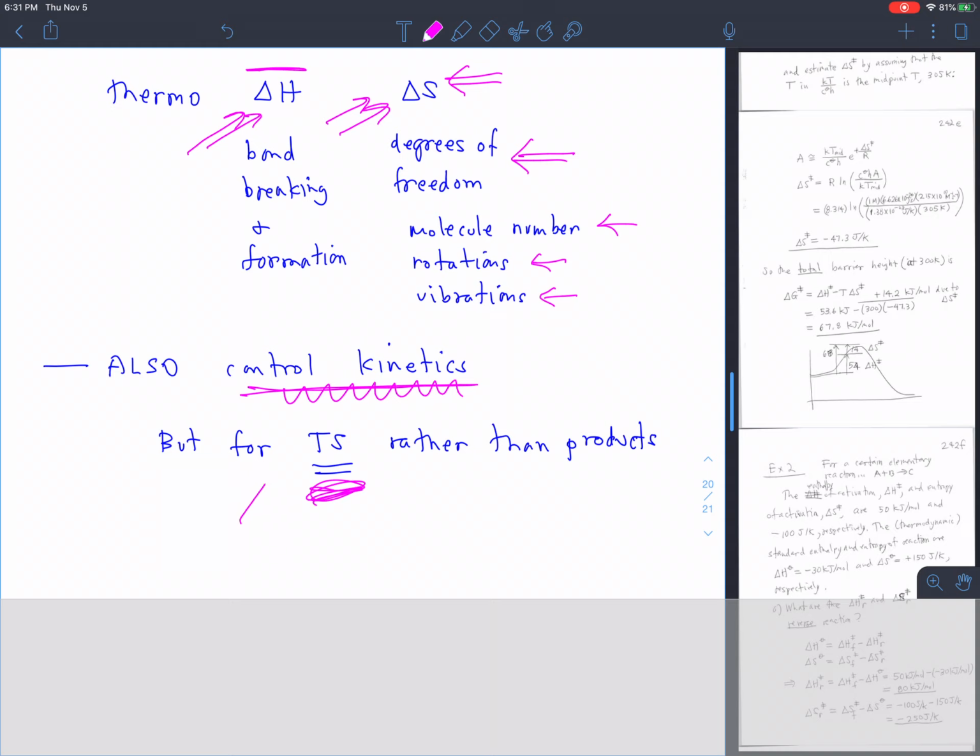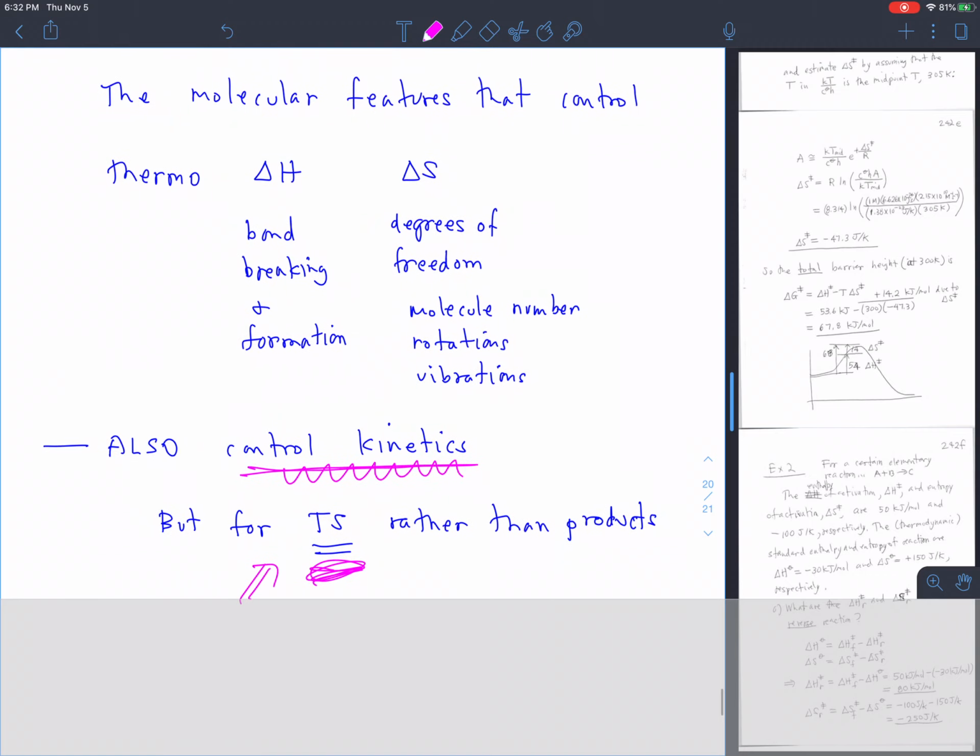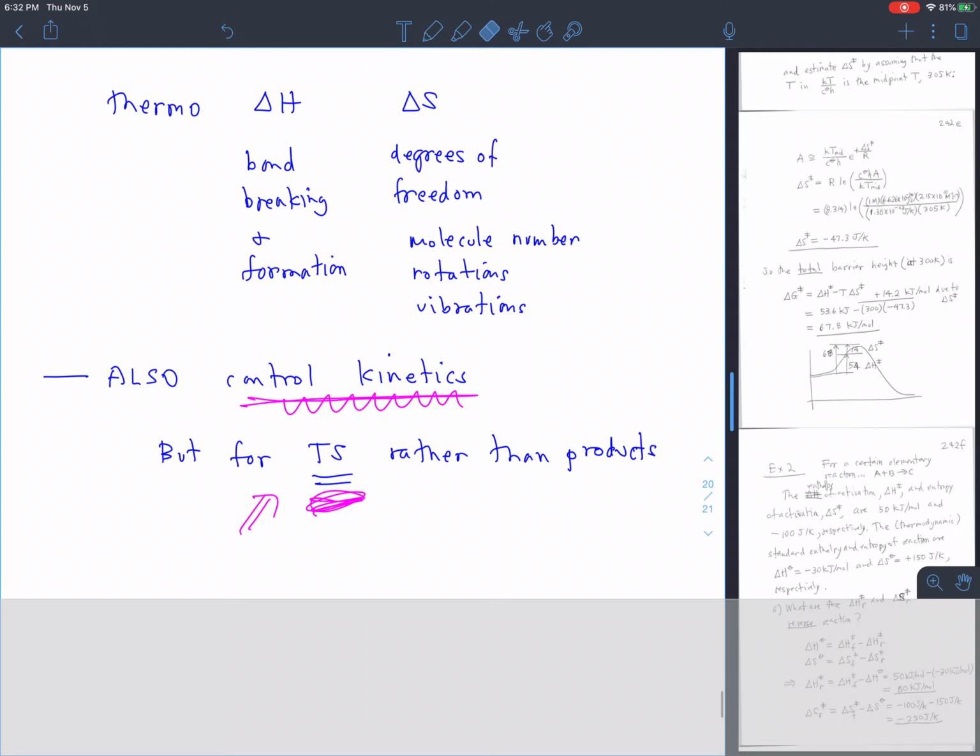If you want to know whether a reaction is going to be slow or fast, one way to think about it is to get some idea what the transition state looks like, and then look at the transition state relative to both reactants and products, and you can get some feeling for how big these delta H and delta S values are, and therefore how high that barrier is, basically.